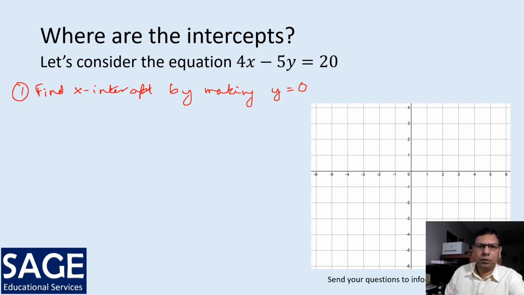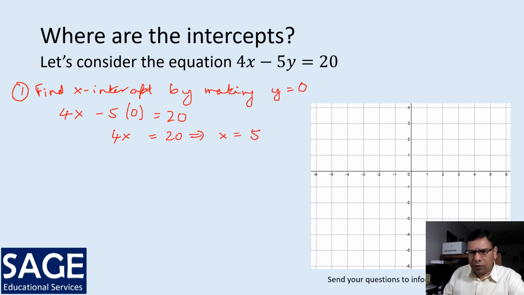So you write the equation 4x minus 5, substitute y is equal to 0, and solve that equation for x. That gives you 4x is equal to 20, which then gives you x is equal to 5. So on this graph we can say that the x-intercept is the point 5, 0.